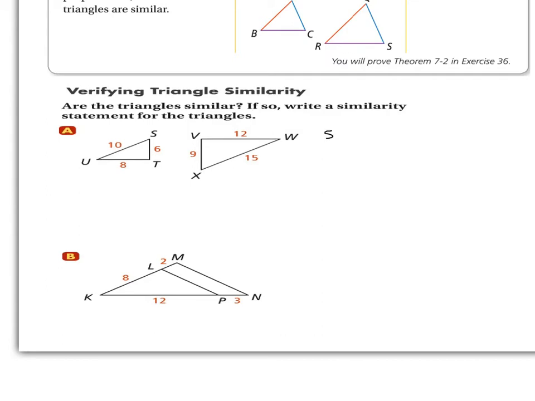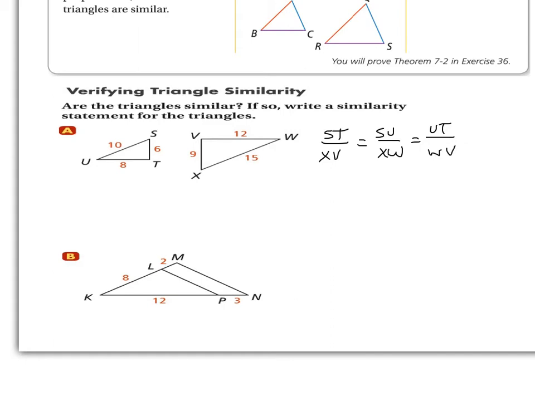So I've got ST over XV has to be equal to SU over, if I go SU, I have to go XW, and that's going to have to be equal to UT over WV.